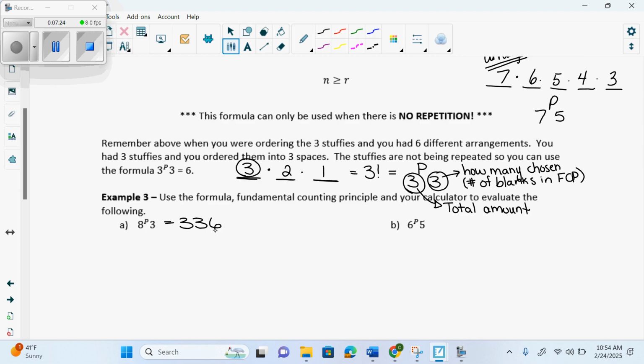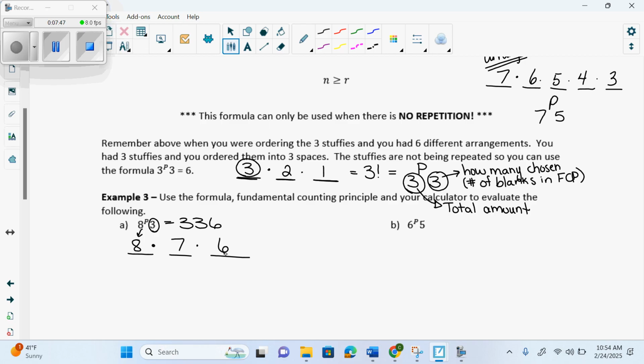How could I represent this with the fundamental counting principle with the blanks? How many blanks would I have? 3. This is the number of blanks, correct? And what do I start with? 8, and then I have to go down by 1 each time, right? So I can't go 8, 8, 8. I would have 8, then 7, then 6.